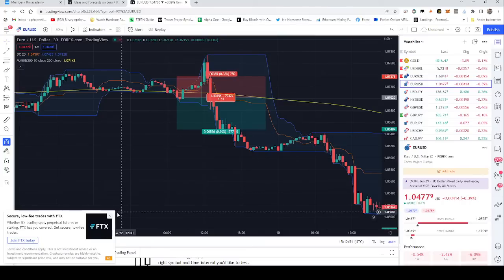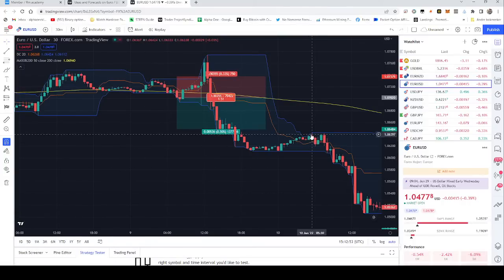We are of course not going to take a long trade, because remember the rule is when we are below the yellow line, we will only take short trades, and we will only take a short trade after a new high. Not high like this, but when you see this blue line that goes down here, and you form one here, and you get a higher blue, then we are looking for a new sell.